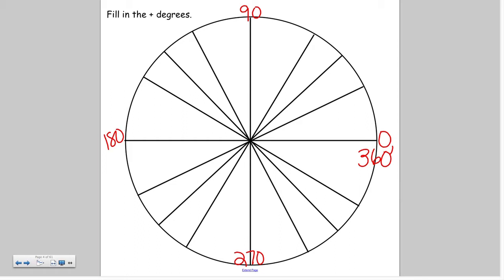Alright, so now it's been divided up again, and in between here is 30 degrees.